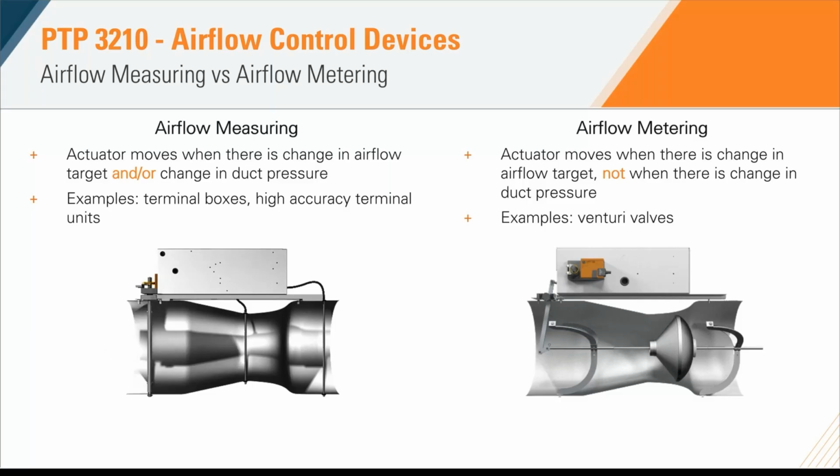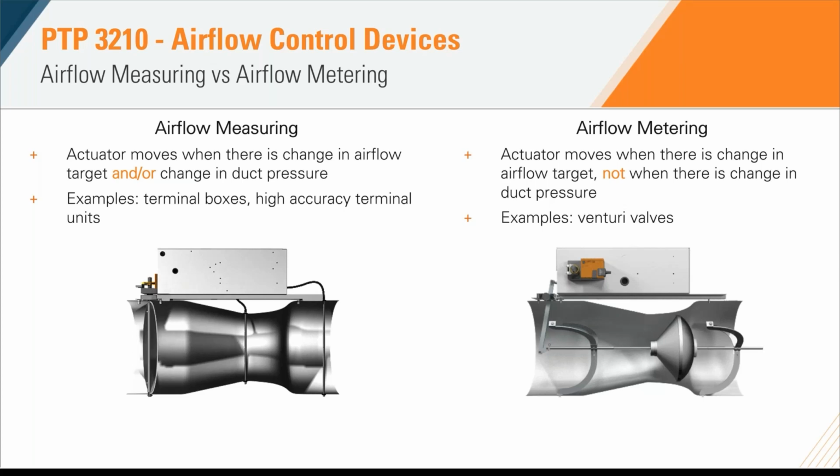On the opposite end, we have airflow metering technology. This in essence means our actuator will only move if there's a change in an airflow target, not when there's a change in duct pressure. So if there's any sort of duct fluctuations going on, the actuator isn't required to move. It only moves when there's a change in our airflow target.